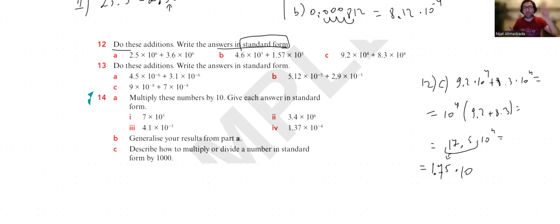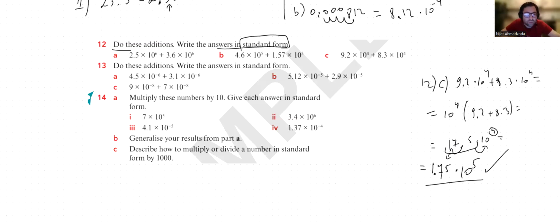If I divided one side by 10, in order to keep the answer the same, I have to multiply the other side by 10. So instead of 10 to the power of 4, I will multiply it by 10, which will be 10 to the power of 5. This will be our final answer, okay? Since I put my dot one side to the left, I have to increase my power of 10 by 1. If that would be two sides to the left, I would have to increase it by 2. So that will be 12C.